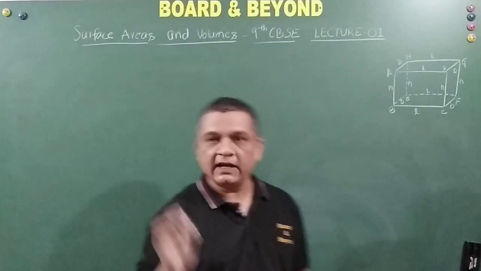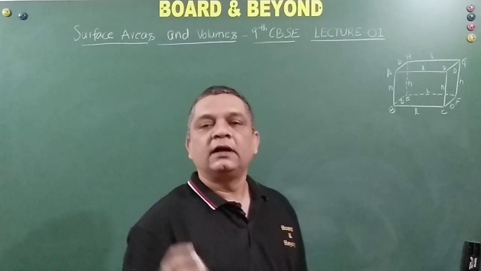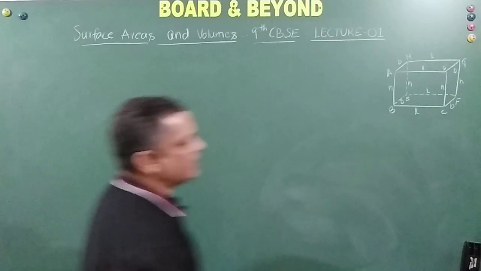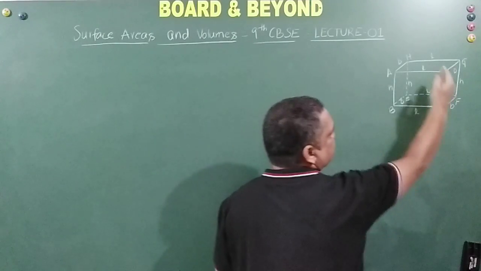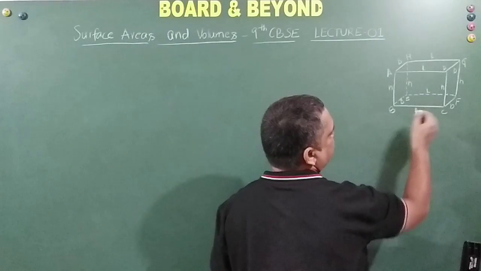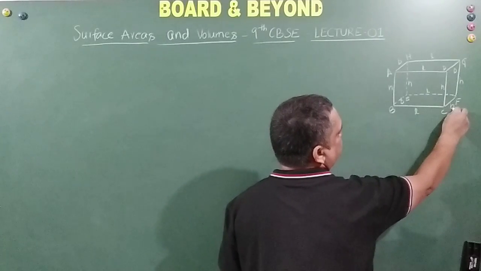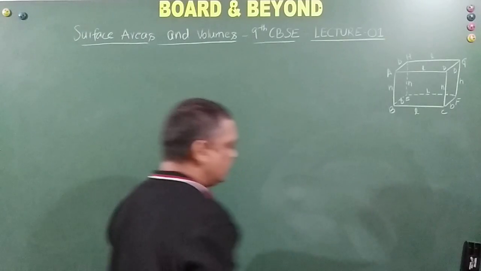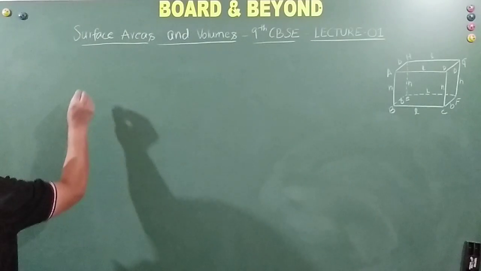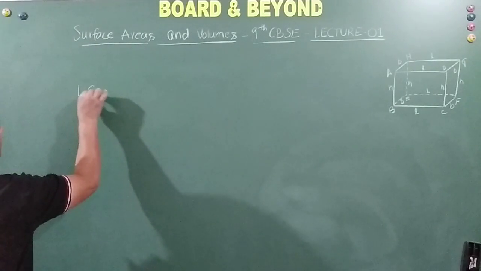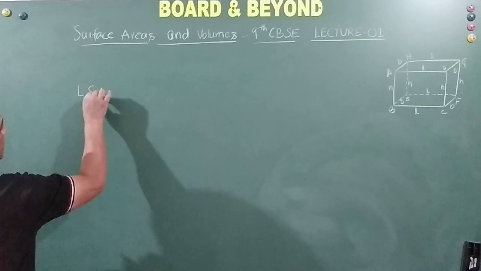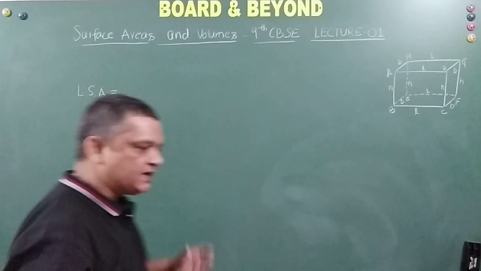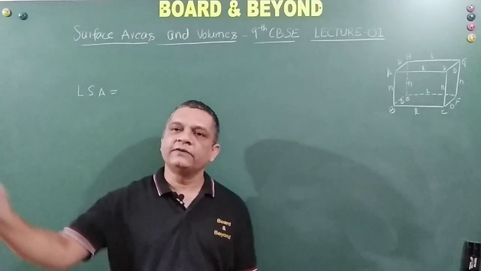So let us first try to understand the lateral surface area of a cuboid. I have drawn a small figure here. Let me explain it to you. This is a cuboid, my friend, which has length L, breadth B and height H. This is a solid figure. Let us understand lateral surface area, which I denote by LSA, of that cuboid. Lateral surface area, as I said, is the area of the 4 walls.